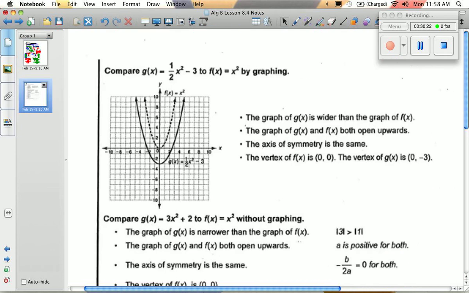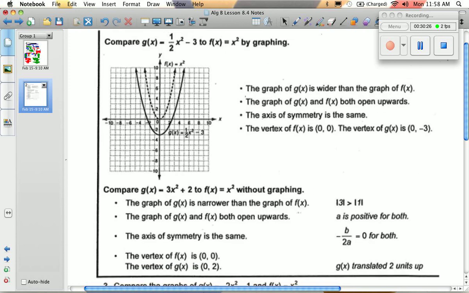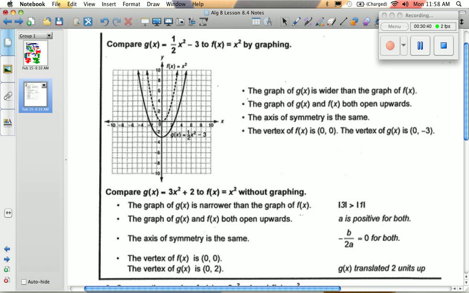It says compare by graphing. Here they're combining something happened to a and something happened to c. They've already done the graph for us. We're still identifying: a is equal to 1 here, and c is equal to 0.